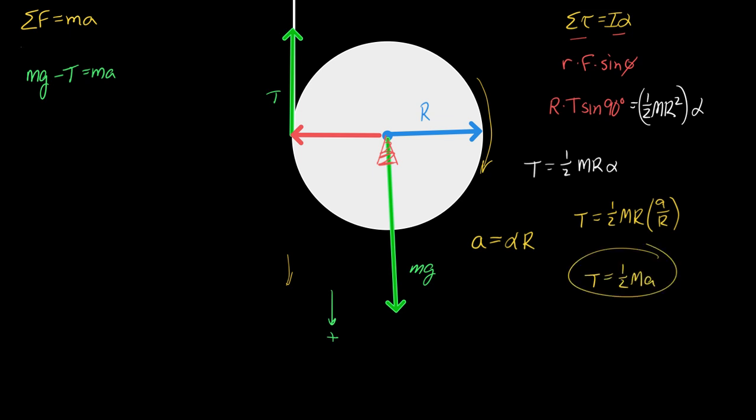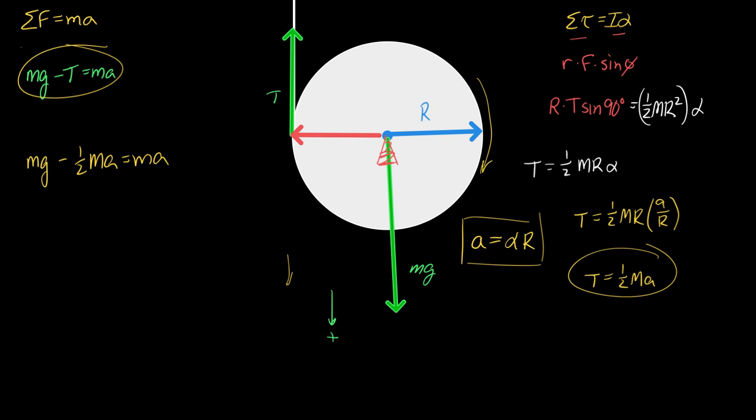Now, you have two things that you can bring together. So it's a lot of the same steps, just repeated for torque. And having to do this is something that you're going to have to get accustomed to thinking about. Now I can just substitute mg minus 1/2 MA equals MA.